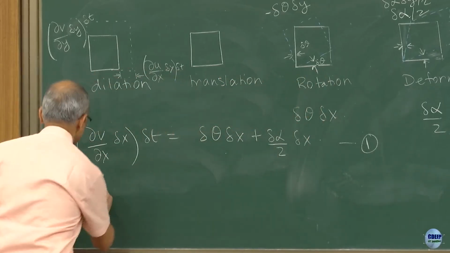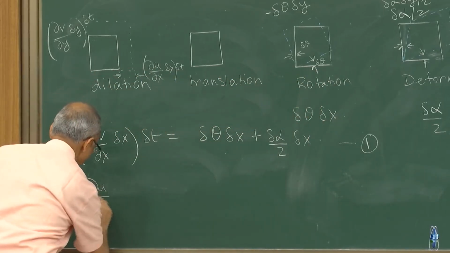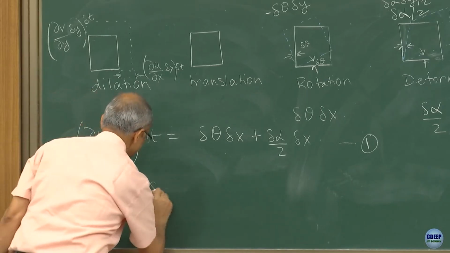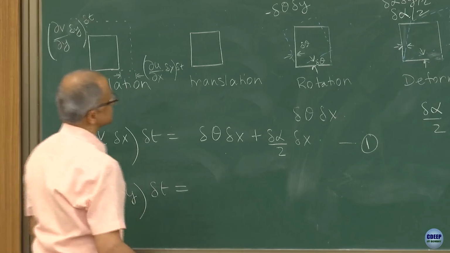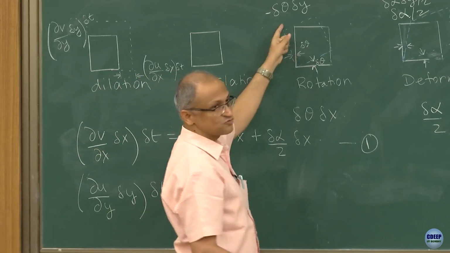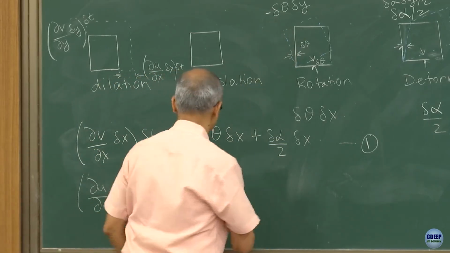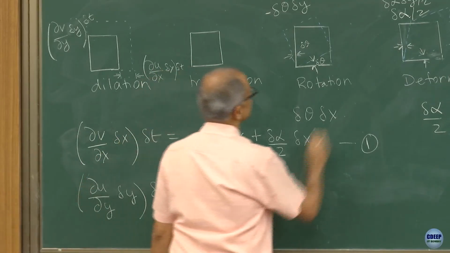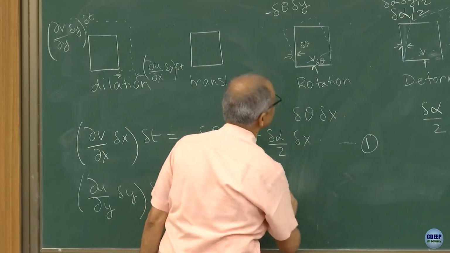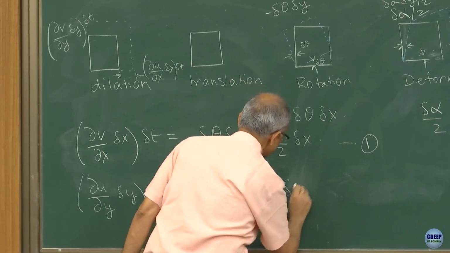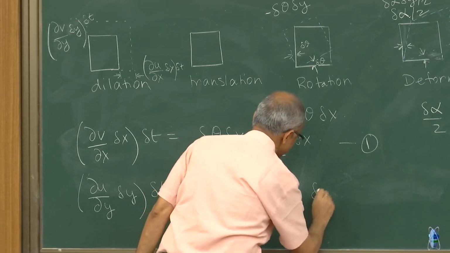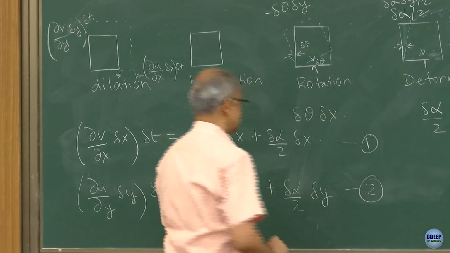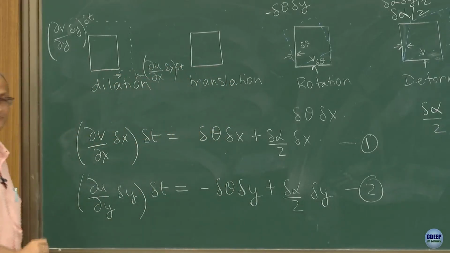So it is dou u dou y times delta y times delta t, and that is equal to the movement which is here, this minus delta theta delta y, and plus delta alpha by 2 times delta y. So this is my equation number 2.